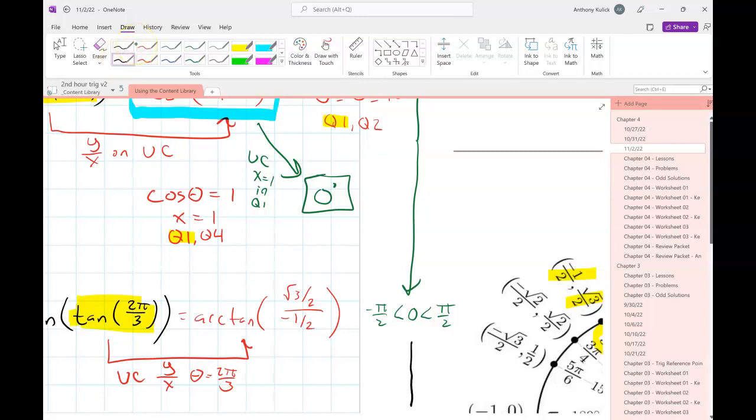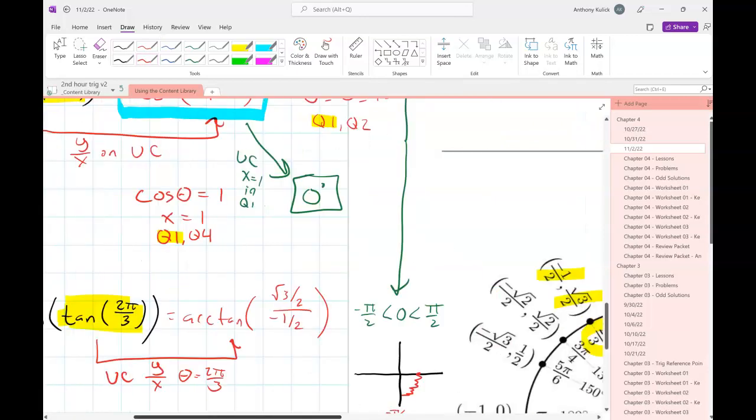What quadrants are covered by the angles from negative pi over 2 to positive pi over 2? Starting on the positive x-axis, if I'm going down to negative pi over 2, I'm going clockwise because it's negative.